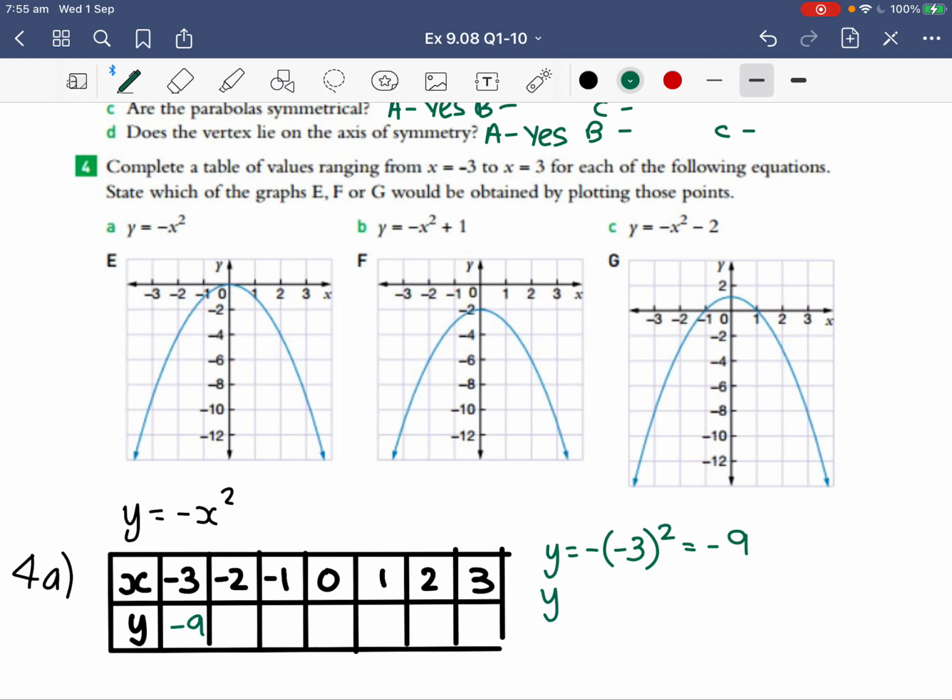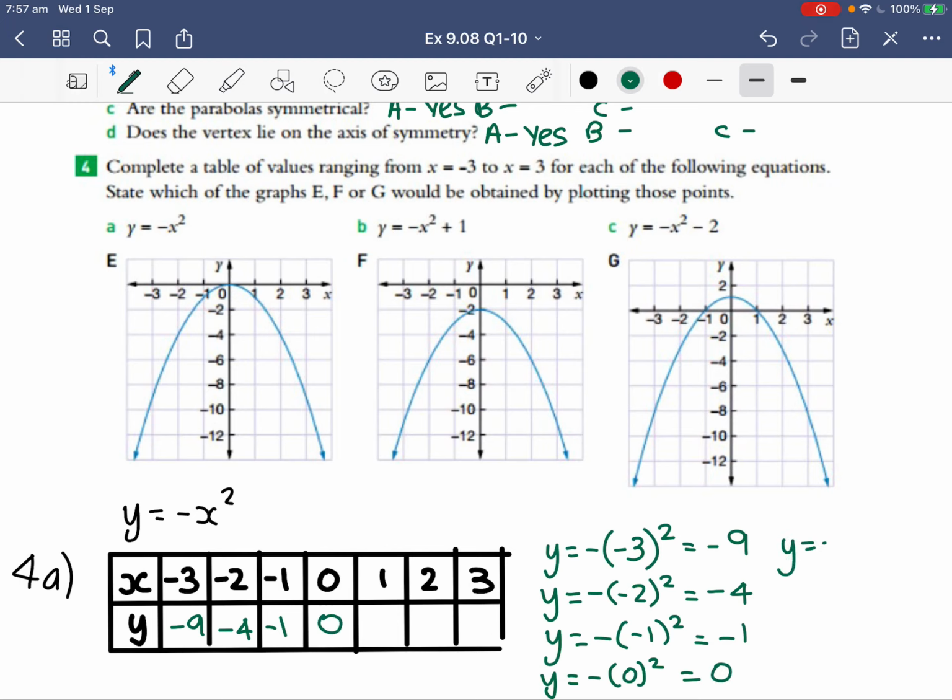We then do our next value, y equals minus bracket -2 squared, which gives us an answer of -4.